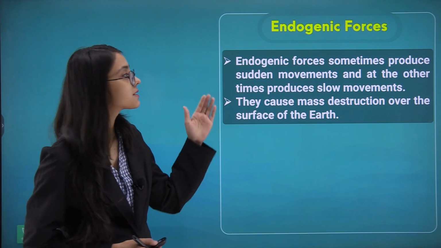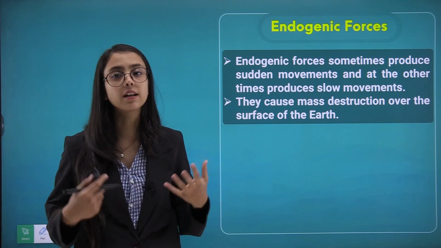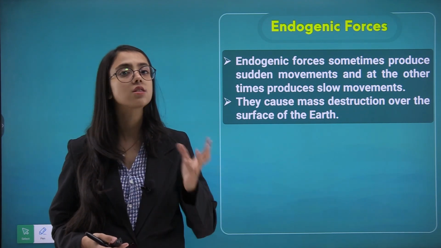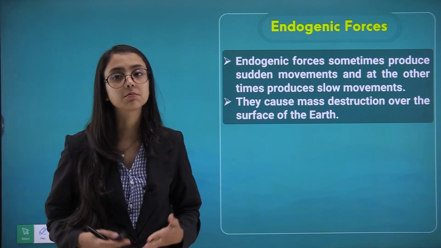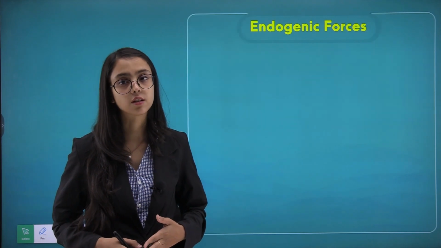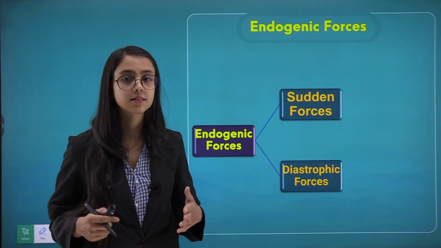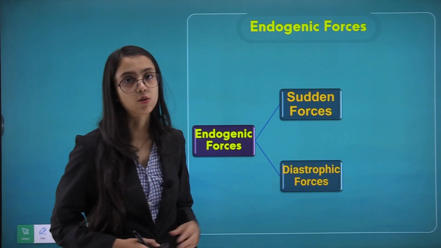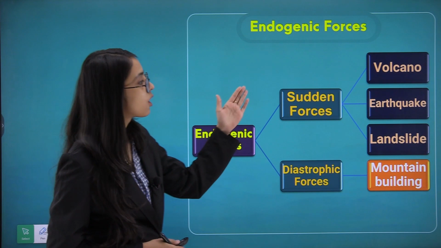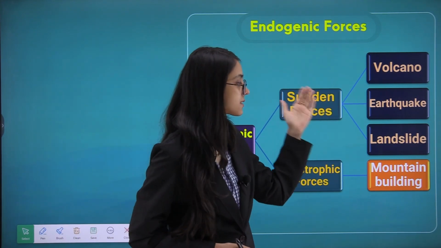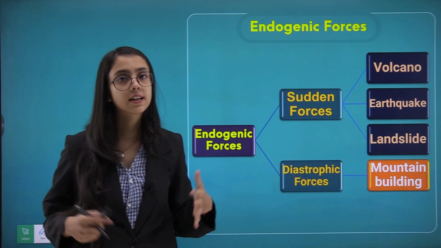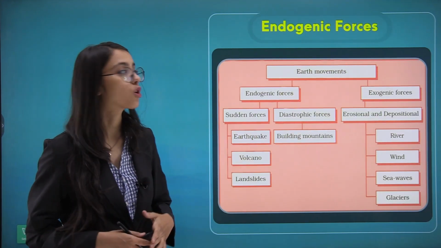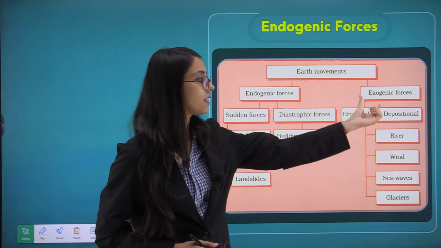These movements, however slow or sudden they may be, cause mass destruction over the surface of the earth. Endogenic forces consist of two kinds, sudden forces or diastrophic forces, and they may result in volcanic eruptions, earthquakes, landslides, mountain building, etc. Now, the earth movements, as we already saw, are of two types, endogenic and exogenic.